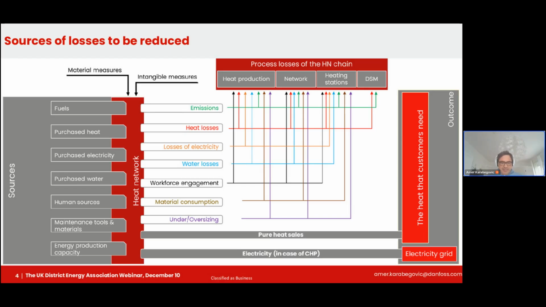We can say system efficiency involves reducing the energy demand to perform a given task, such as upgrading equipment or implementing energy-saving practices. Demand side management, on the other hand, involves managing the demand for energy by shifting or reducing energy use during the peak period. So you can see a lot of different sources of losses are present and can be reduced.